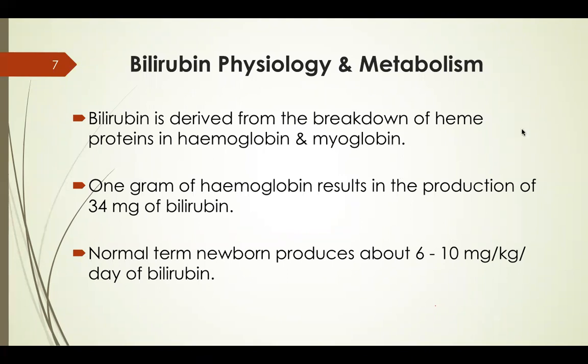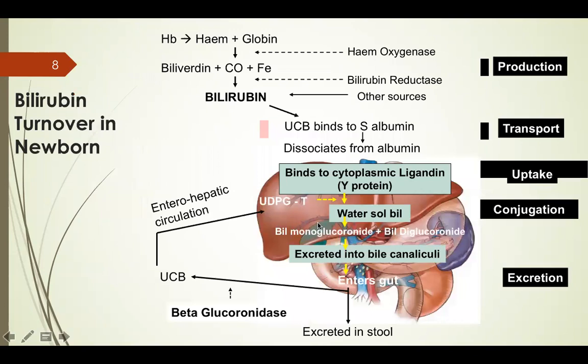So it's common to have jaundice. Hemoglobin has heme and globin. Heme oxygenase converts it to biliverdin, CO and ferrum.